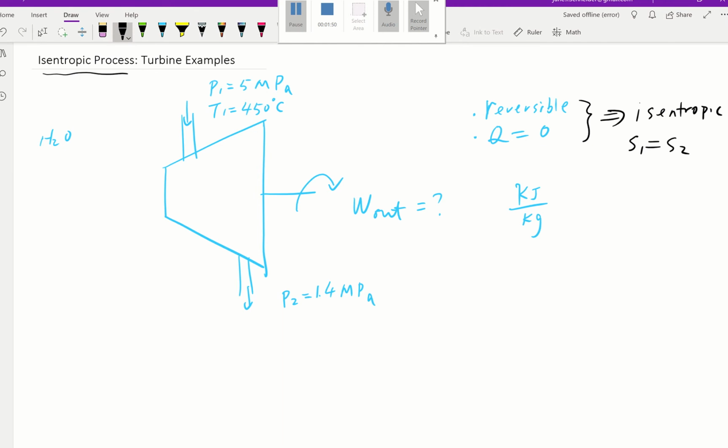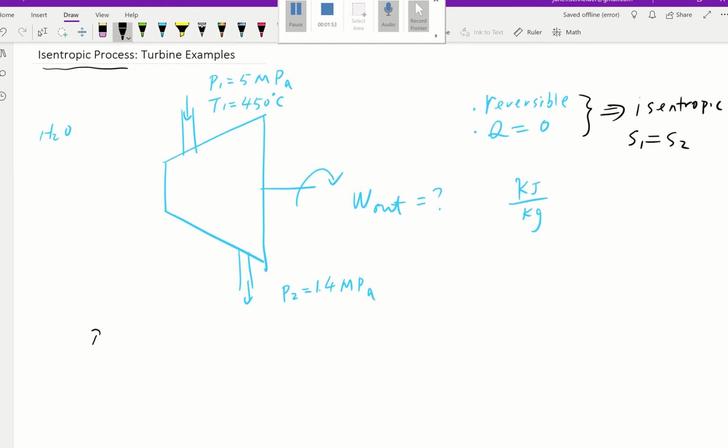So how do we solve a problem like this? Let's think about the governing equation for a turbine. If you need to review the turbine concept and some examples we did, you can look at the previous video on open systems. The work out generated by the shaft when you have superheated vapor coming through the turbine is equal to m dot times H1 minus H2.